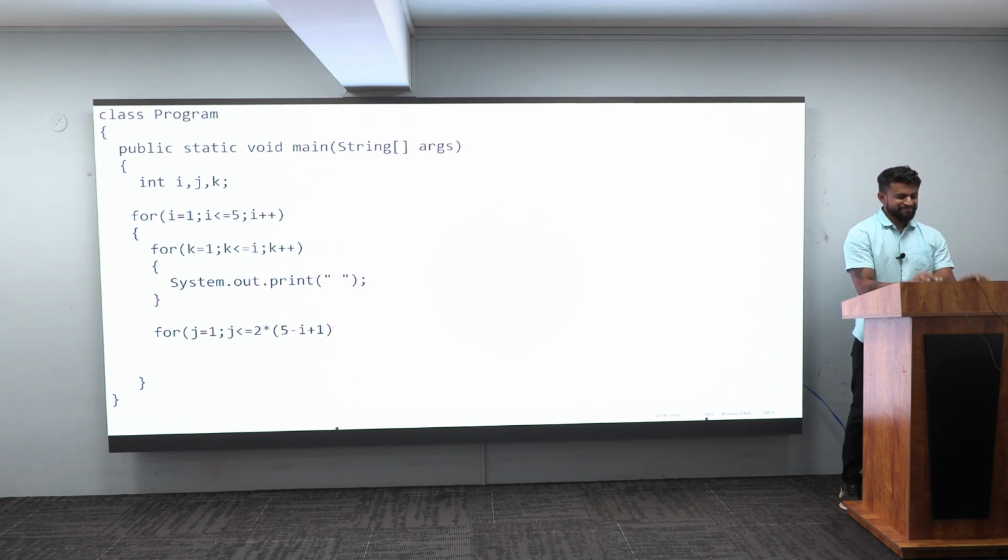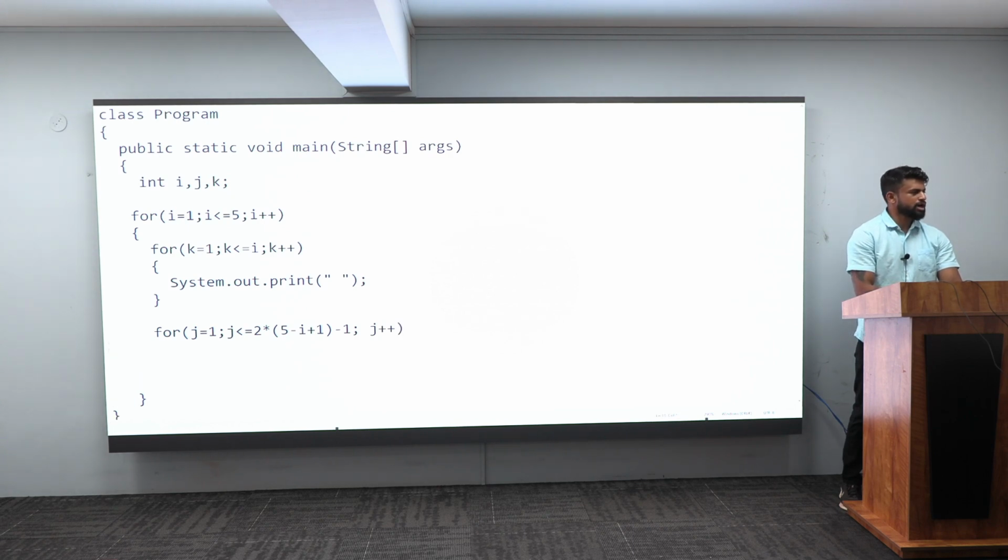Then minus 1. You are showing a lot of energy. Very good, so this is my final condition. After that, this is my semicolon, and after that it is j plus plus. Very good. I will close it.